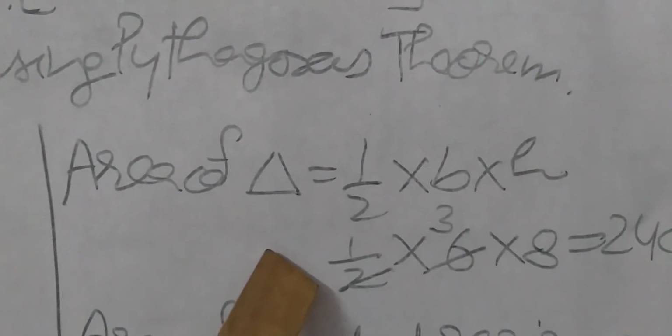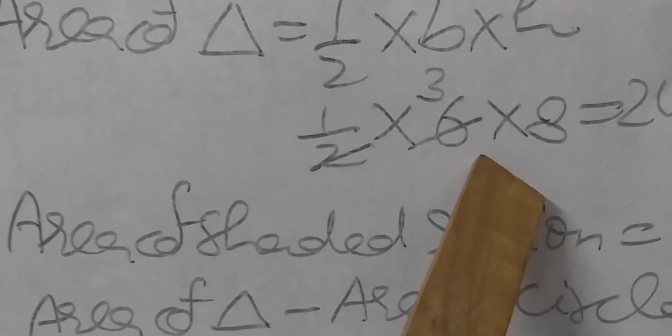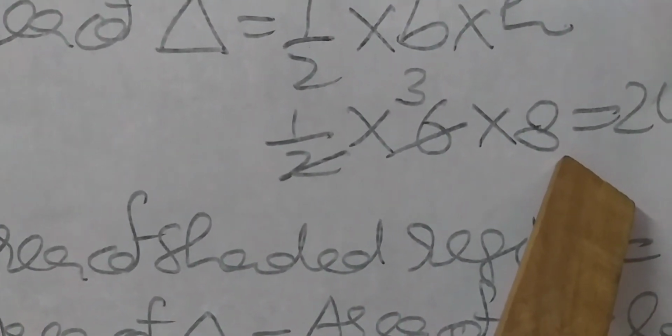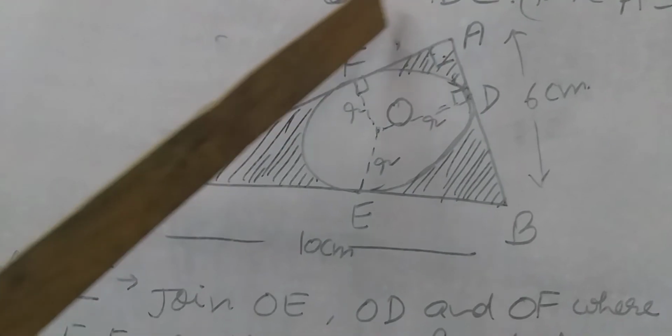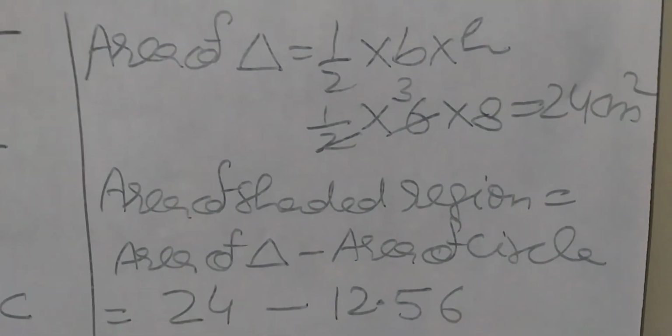Correct? Now area of triangle, half base into height. Half, base is 6 centimeter, height is 8 centimeter. This is base AB and height AC. AC calculated 8 centimeter, AB 6 centimeter. So half into 6 into 8, 24 centimeter square.